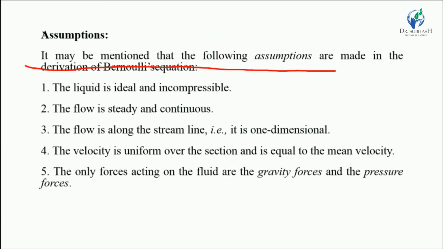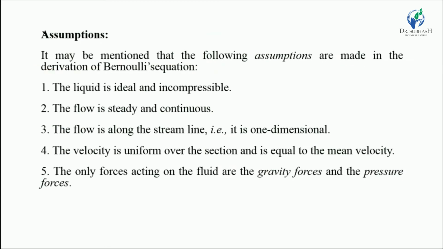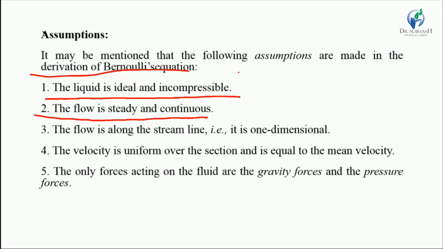In this principle, some assumptions are taken. These are listed below. First, the liquid is ideal and incompressible, as we already discussed in the statement. The flow is steady and continuous. Flow is along the streamline, meaning it is considered one dimensional.